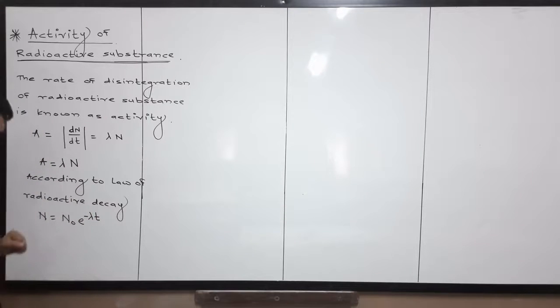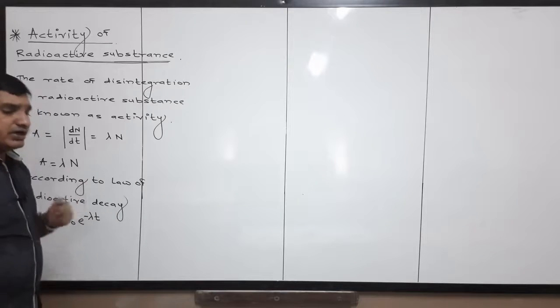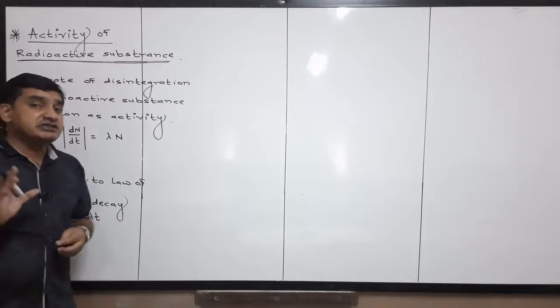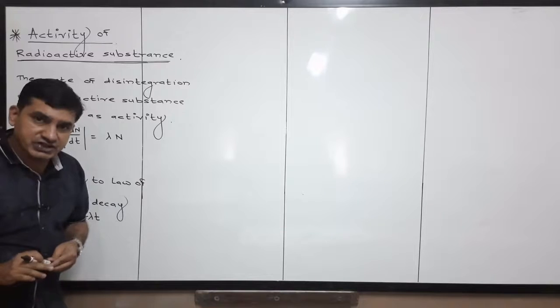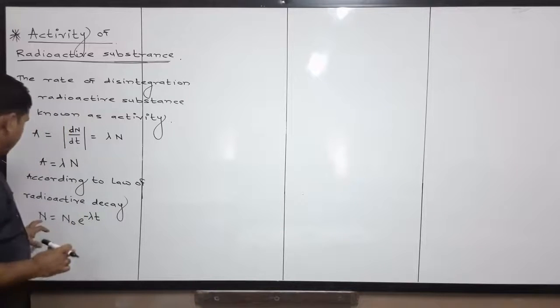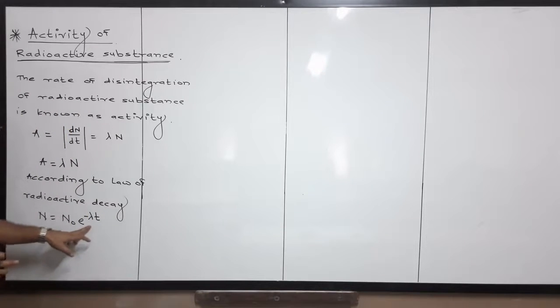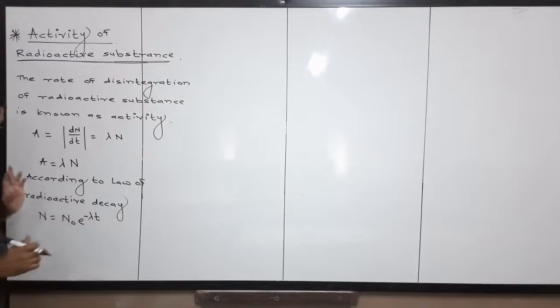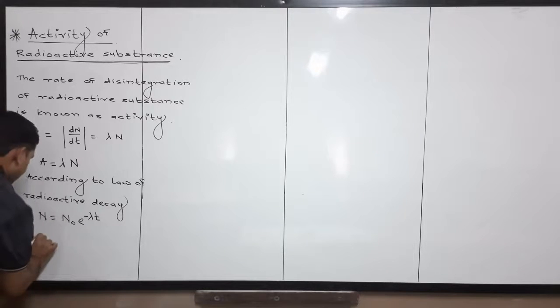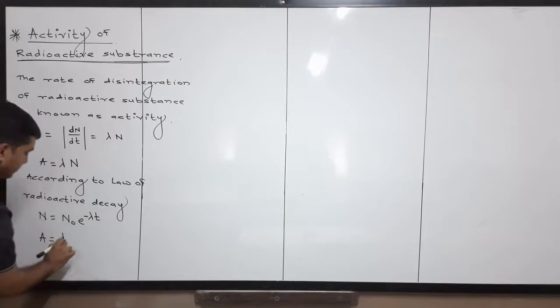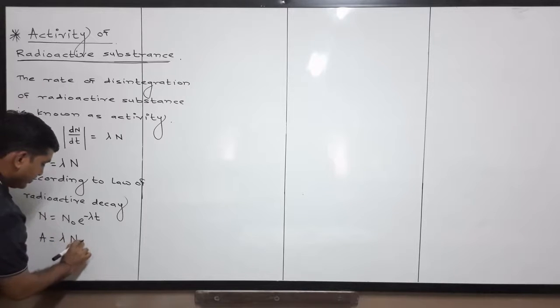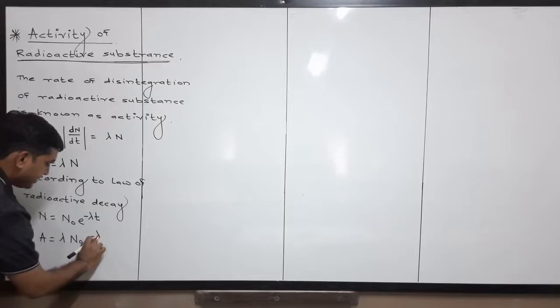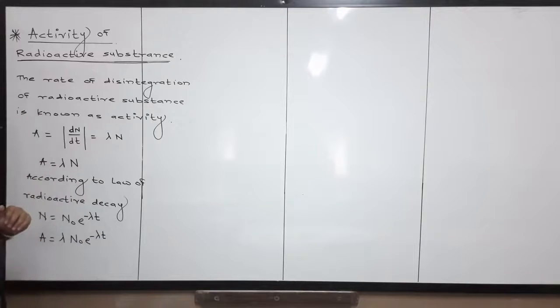From this we can say that the radioactive nuclei decay exponentially with time. Therefore the activity A is equal to lambda into N0 e raised to minus lambda t.